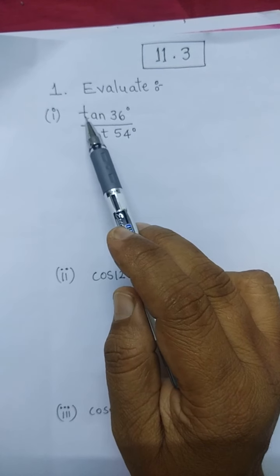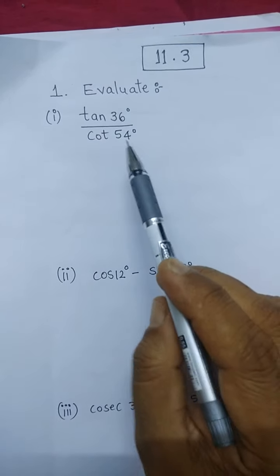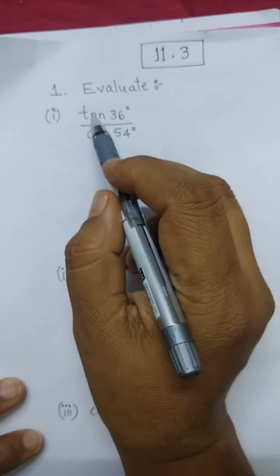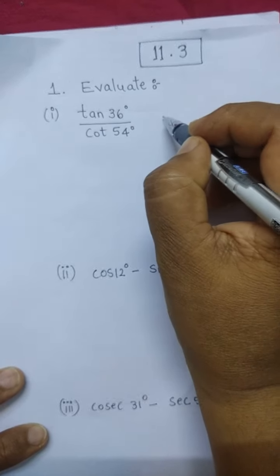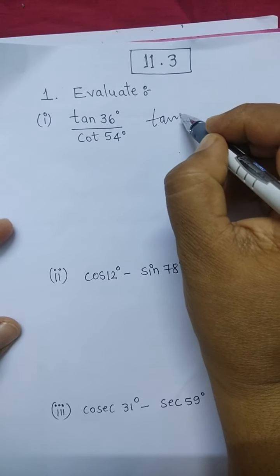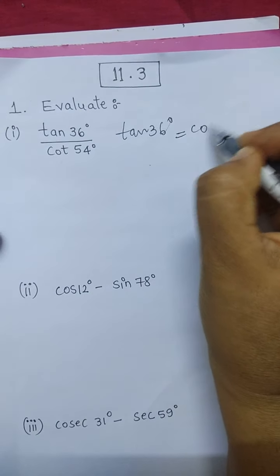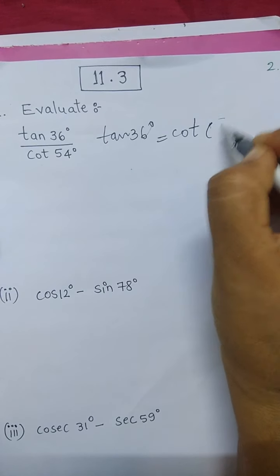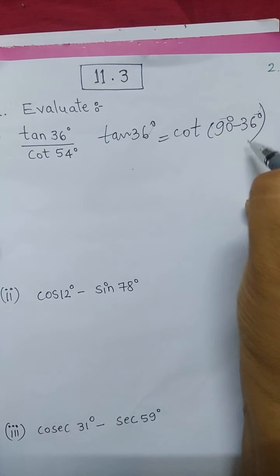So I will convert the numerator first. I will solve in both ways and tell you how to solve such types of problems. We know that tan 36 degree will be equal to cot(90 minus 36 degree). How?